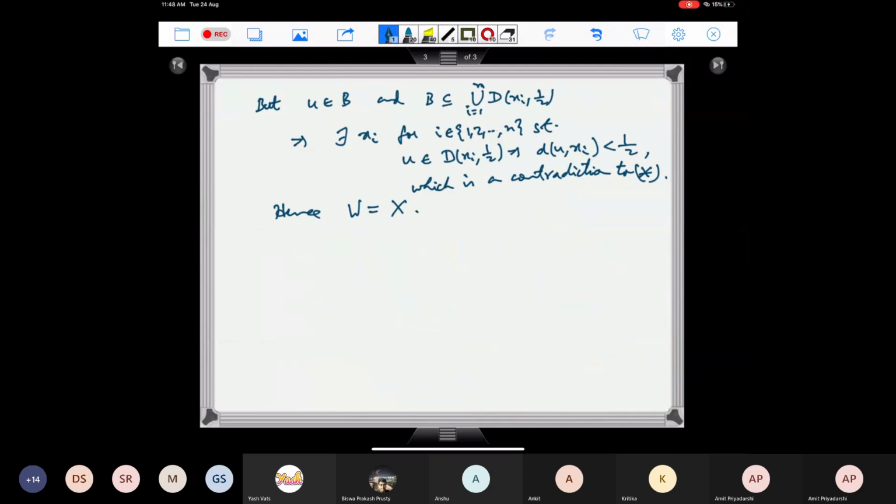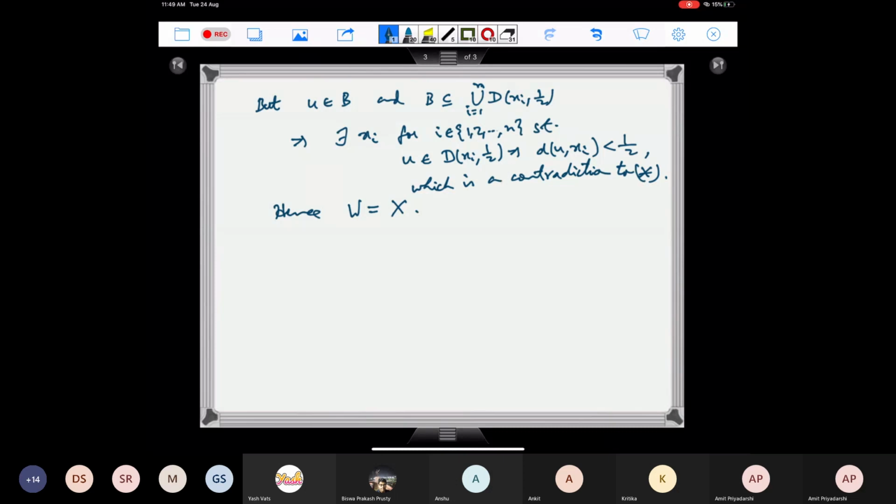For example, if you take any sequence space lp, for example l2, then if you want to show that the closed unit ball is not compact, you just look at the standard vectors e1, e2, e3 and so on, where ei has 1 at the ith place and all the other places are 0.